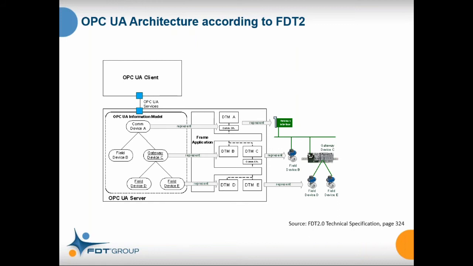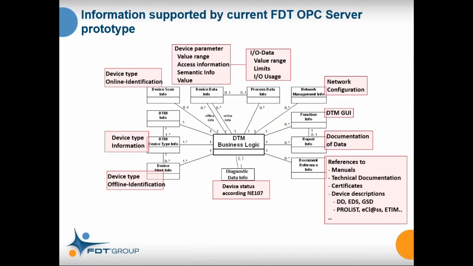From all the information that the DTM exposes, at this point of time we are able to expose a subset of information. We are not able to expose the I/O signal information. The network information is not supported.